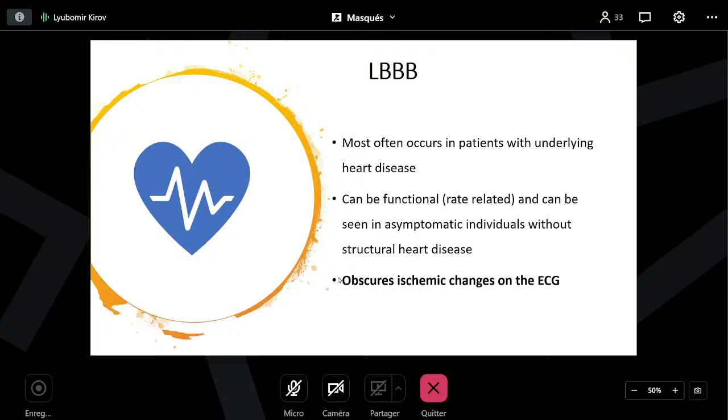That's why when we detect left bundle branch block, we stop reading and looking for other changes on the ECG, to look for signs of ischemia or left ventricle hypertrophy.